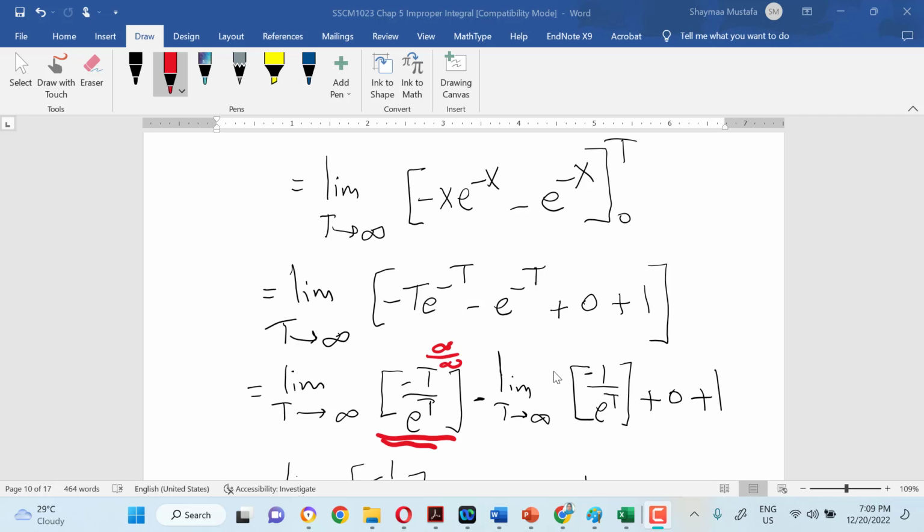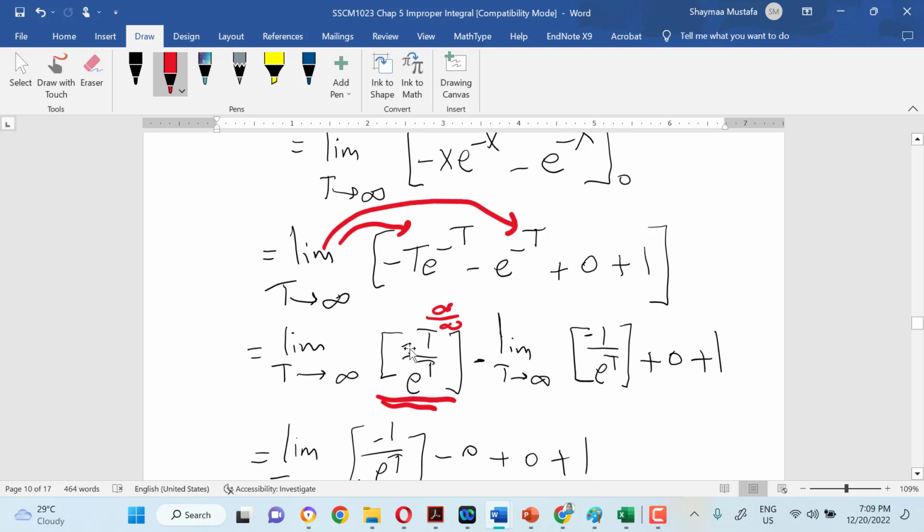The limit of the first term, minus t exponential minus t, is minus t over exponential t, bringing the exponential below. Then minus the limit when t goes to infinity of the second term, which is minus 1 over exponential t. Now plus 0 plus 1.